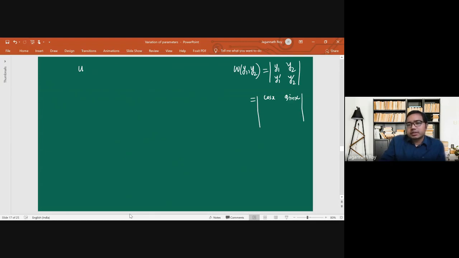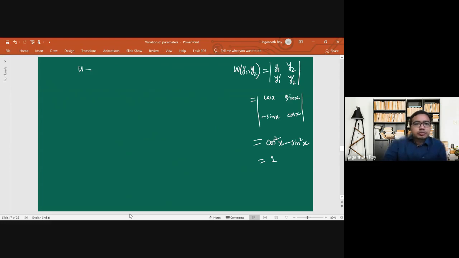So cos x, its derivative is minus sin x. Sin x, its derivative is cos x. If you expand this determinant, then this becomes 1.